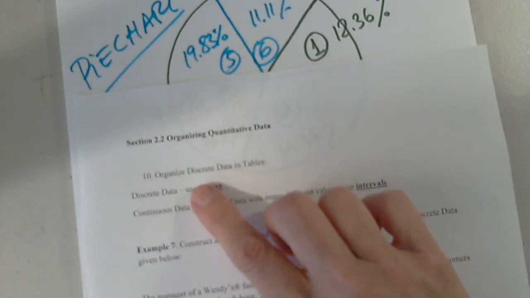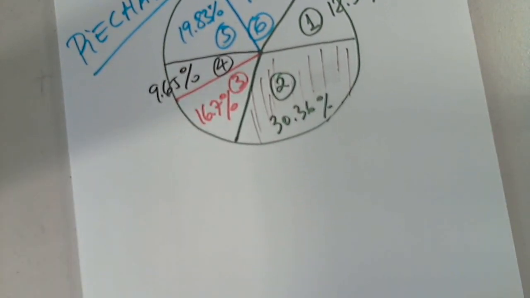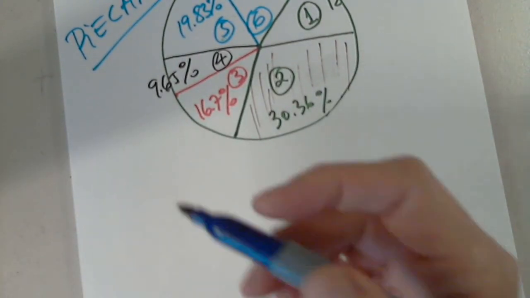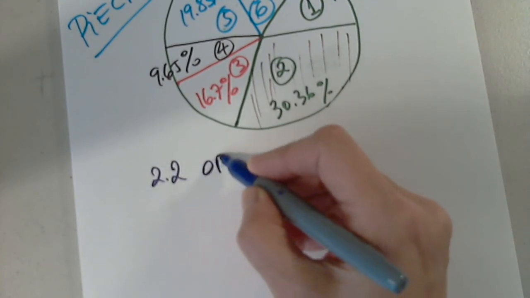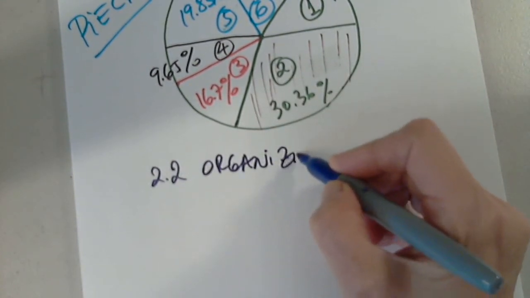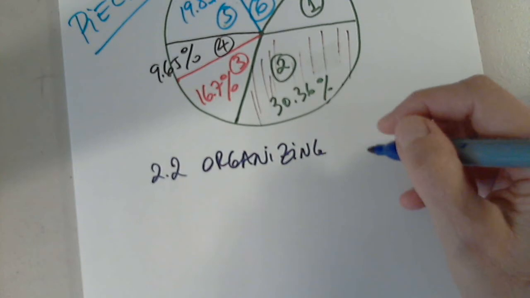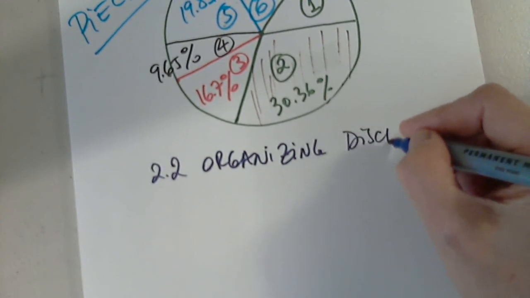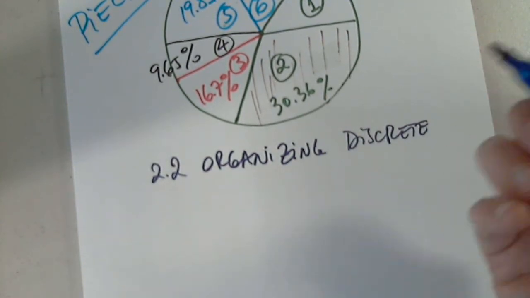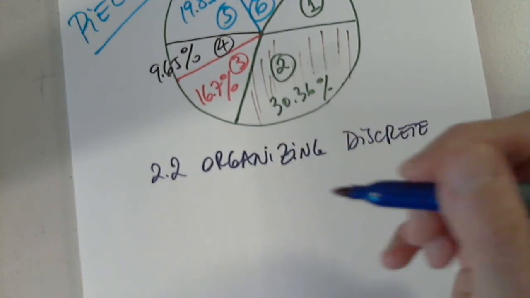So this time we are looking at organizing, section 2.2: organizing discrete data in tables. So it's quantitative data, the first item being discrete data.